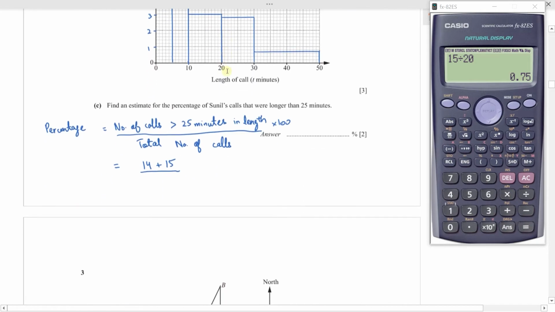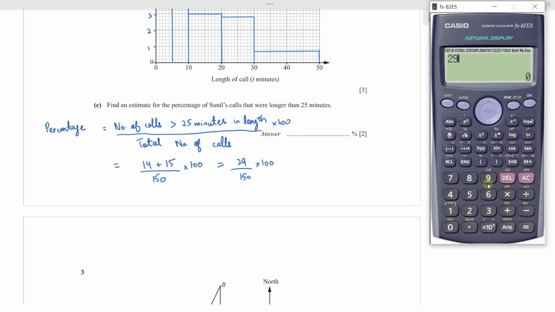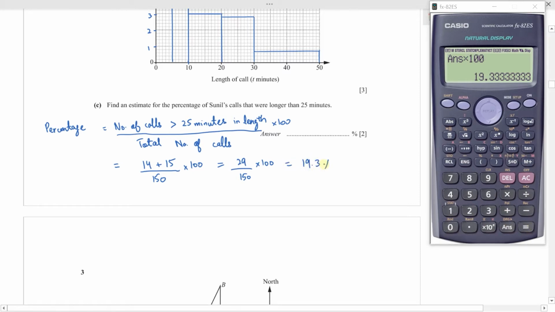So 29 divided by 150, times 100, gives 19.3% to three significant figures. This will be your final answer.